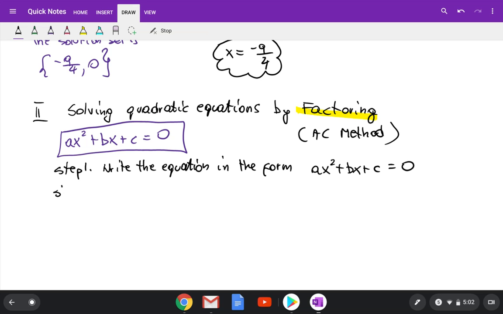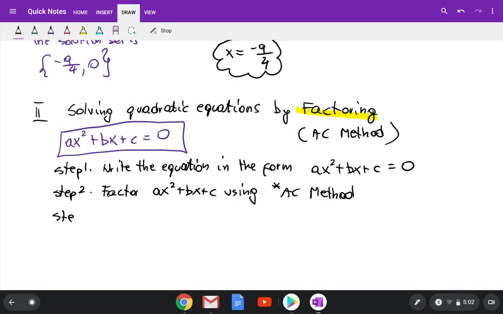Step 2, factor the quadratic equation using, and again, I'm putting AC method because I teach you the AC method, but there are many methods.